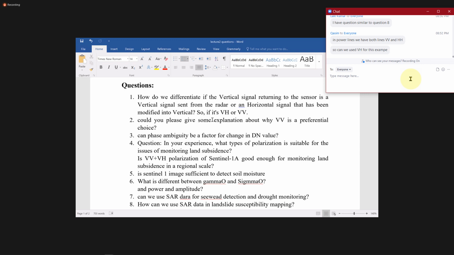Can phase ambiguity be a factor for change in the N value? Yes, I was hoping to show you that when I showed you some experiments.